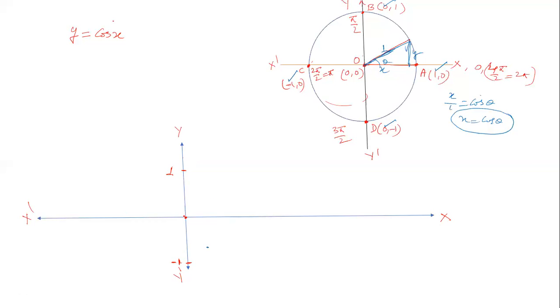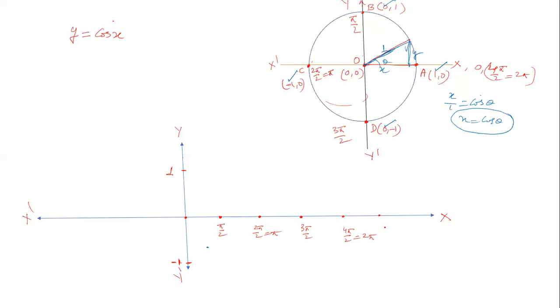Now say this is pi by 2. Then this distance is 2 pi by 2, that is pi. This is 3 pi by 2. And this is 4 pi by 2, that is 2 pi.